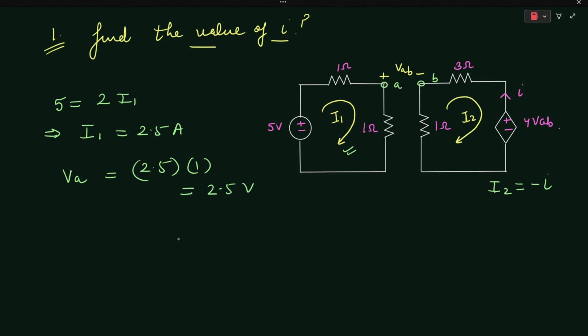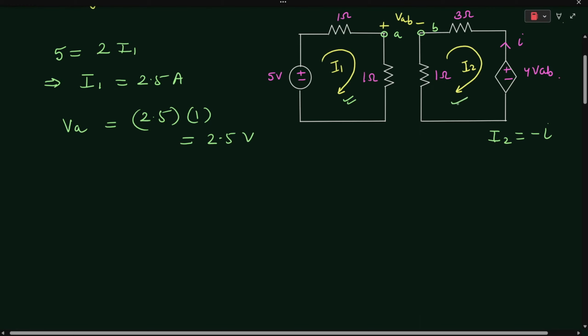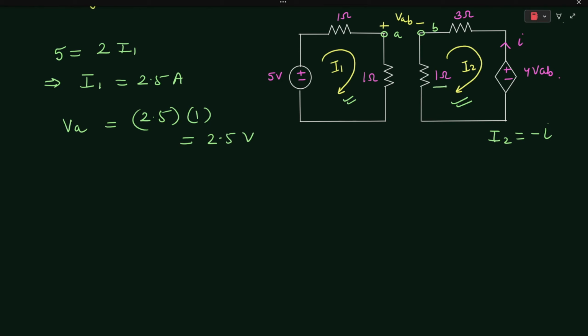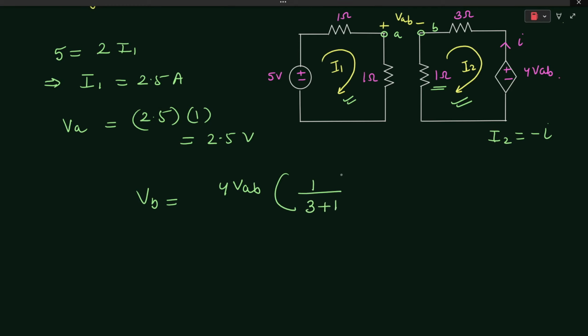For the second mesh, we can clearly see the voltage across this 1 ohm resistor. Using the voltage division principle, the value of VB will be equal to 4 times VAB into 1 over 3 plus 1, which comes out to be VAB.